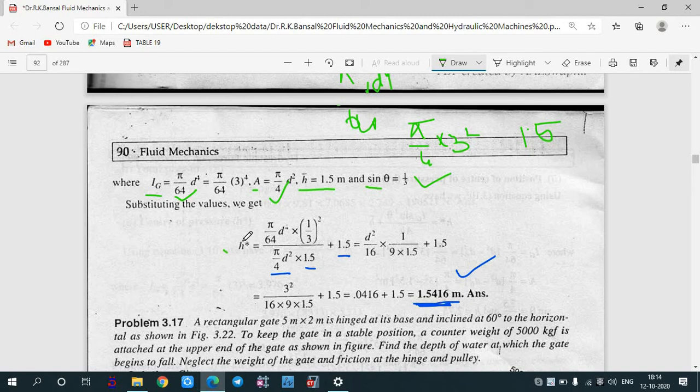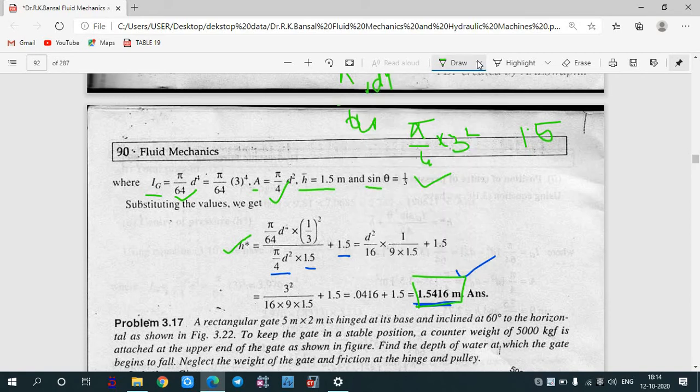From this, we calculate and get the value of 1.5416 meter. So this is the height from the free surface where this total force is going to act. This is the H star value.